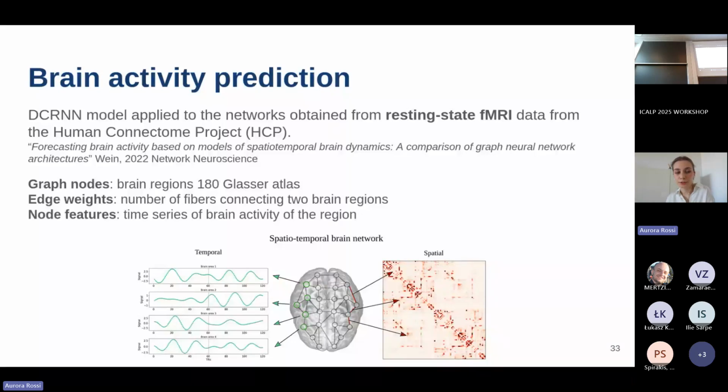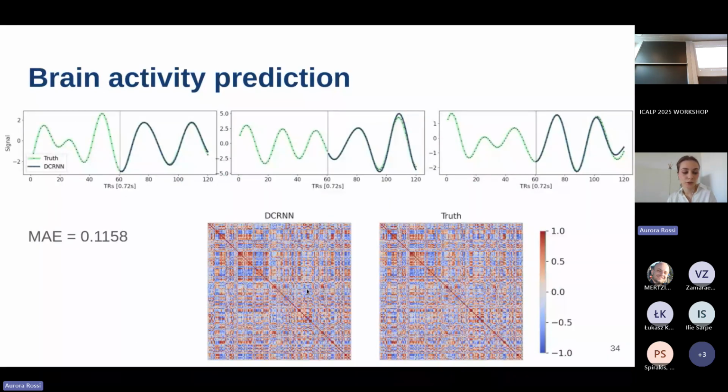So in this case, the graph contains the spatial information of the brain, and instead the node features are the time series that represent the brain activity of the region. And also in this case, the accuracy is the mean absolute error, and it's quite low.